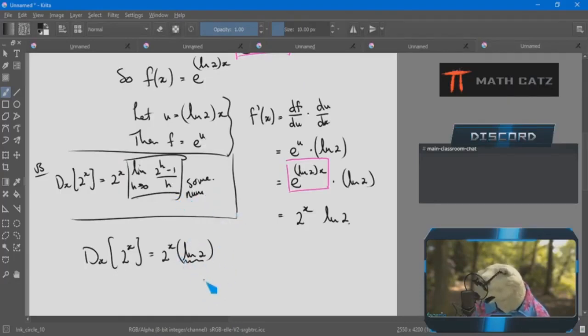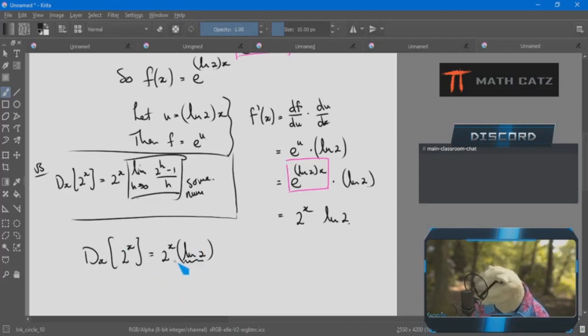Now I know exactly. So the derivative of an exponential function is the exponential function. But if that base is not e, it's scaled by a factor of the natural log of the base.